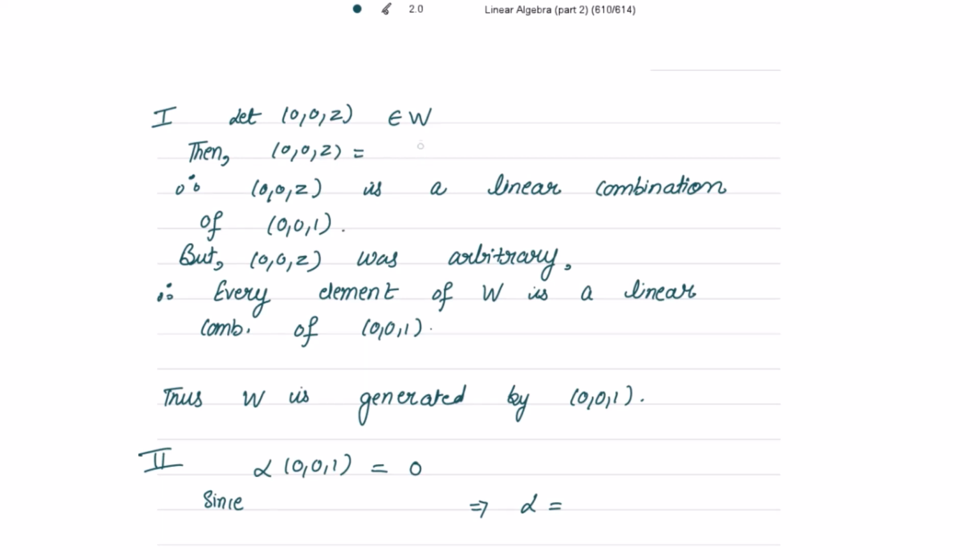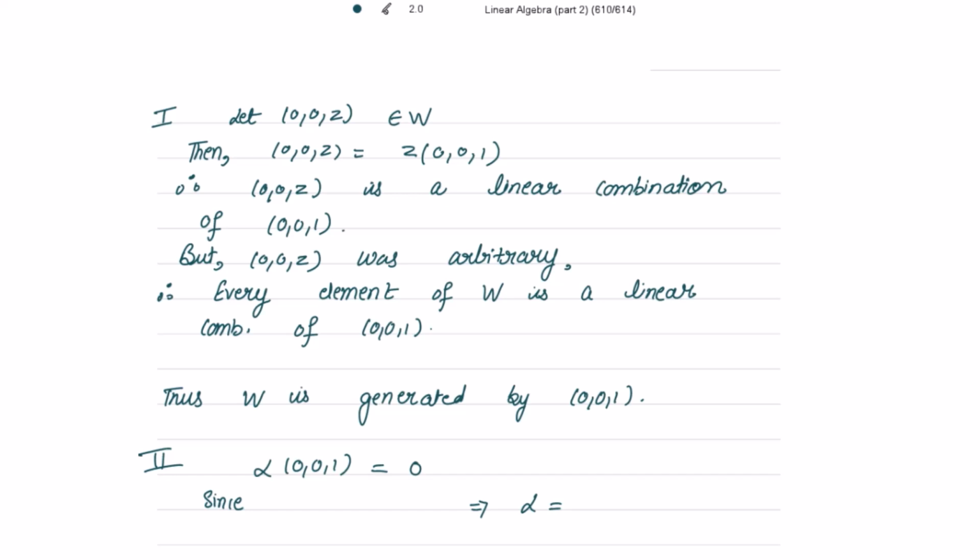So this can be written as z times (0, 0, 1). Yes? Can I write it like this? Alright. Which means (0, 0, z) is a linear combination of (0, 0, 1). But (0, 0, z) was arbitrary. So every element of W is a linear combination of this (0, 0, 1). Thus, W is generated by only (0, 0, 1).